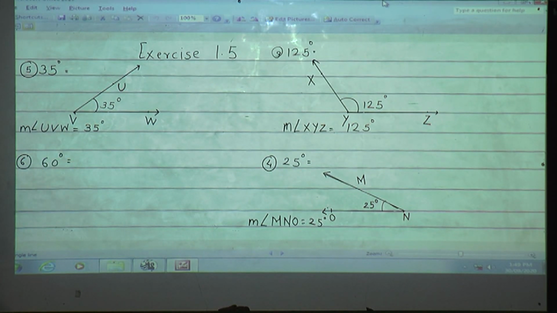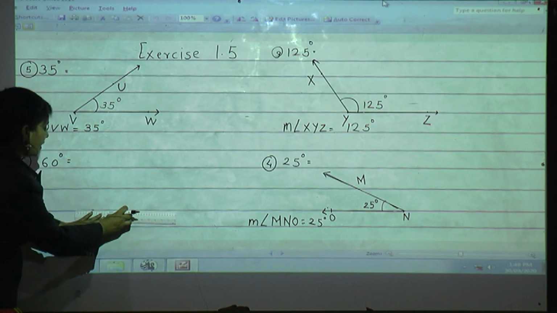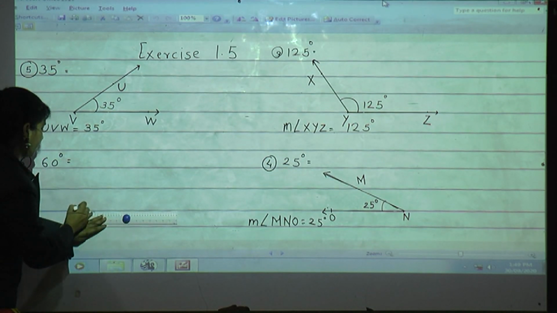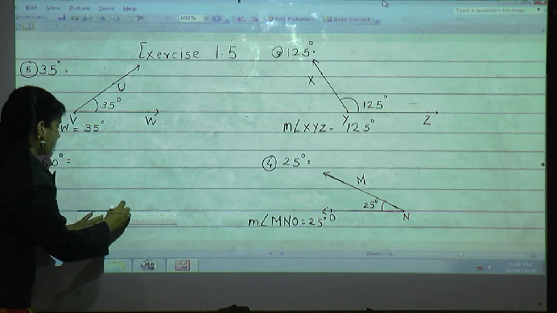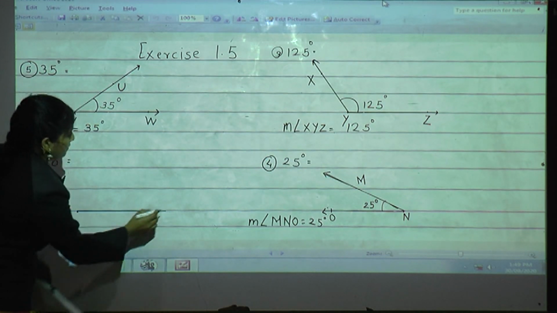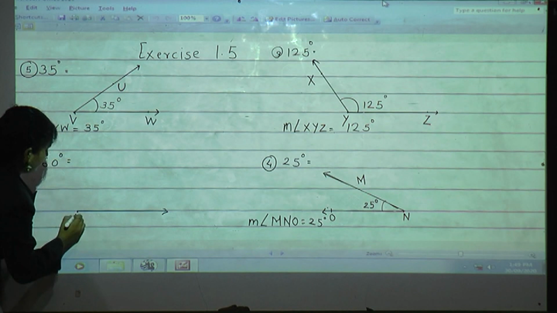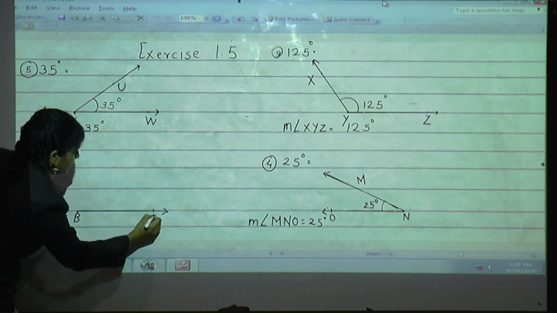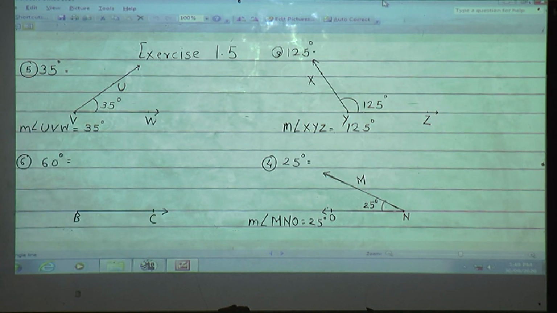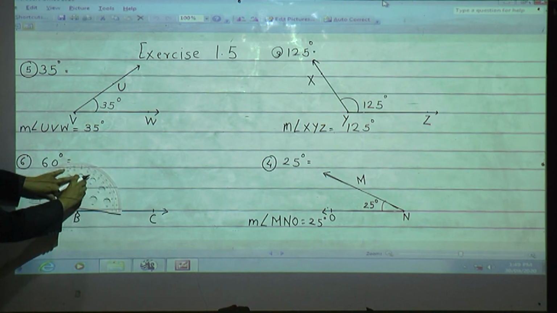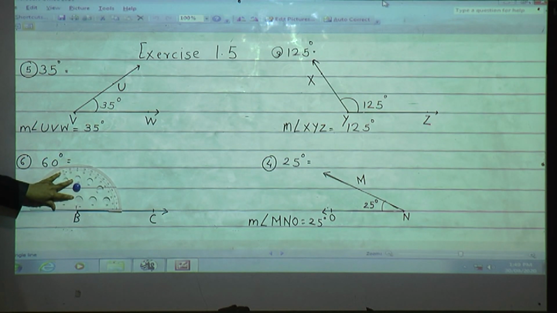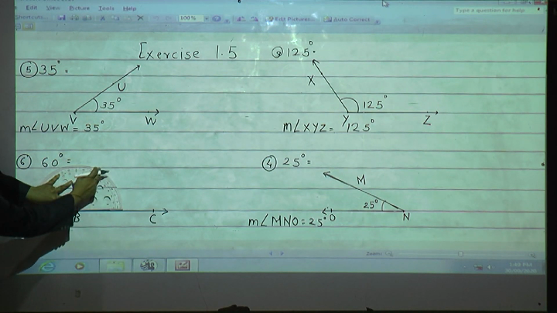What we have to do? Yes, draw one ray. Name it BC. Place the baseline of the protractor on ray BC. Again, find where it is 60 degree. Here.